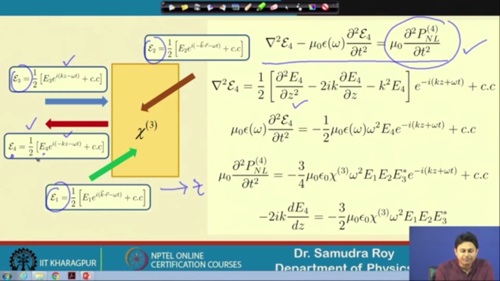E is the amplitude and the phase term is written here. So, E4 will be derived twice with respect to z, E4 will be derived once and then the kz is there. So, 2i kz and then k square E4. This is the derivation, or the grad square value, of E4 once the E4 value is in our hand. Obviously, the phase term will be there in this way.